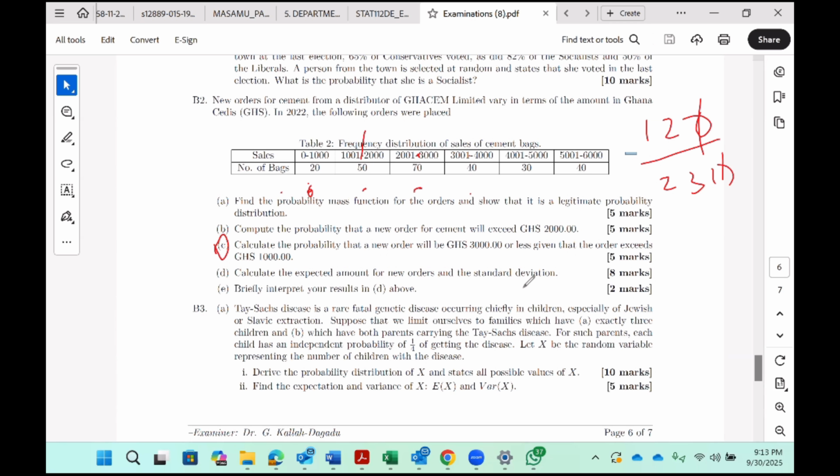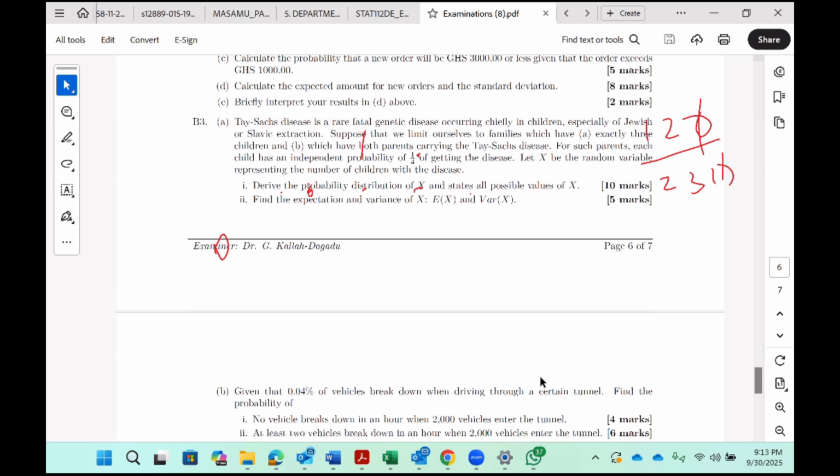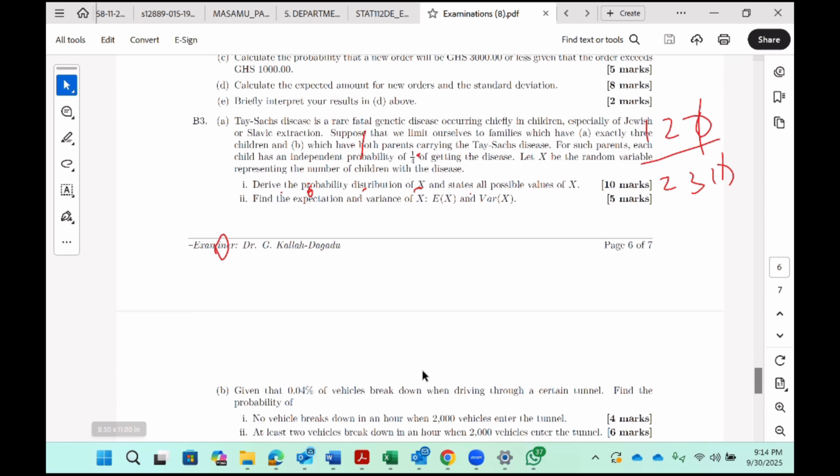That was the distribution of orders. So the average spread in the amount of orders that year is the standard deviation. Then let's look at B3.